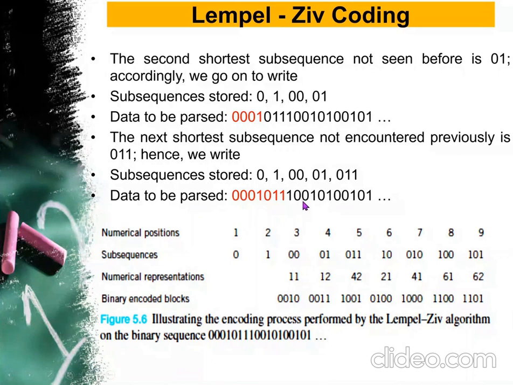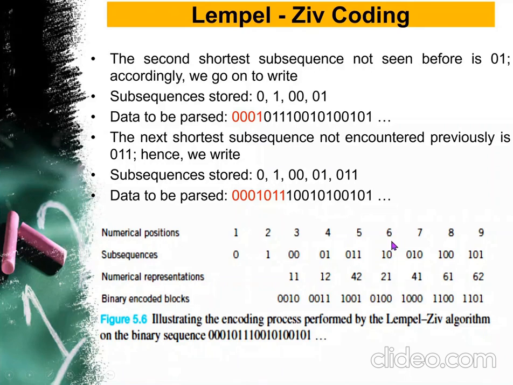After this 1, 0, we go for the next one, that is 0, 1. But 0, 1 is already present, so we need to combine 3 bits: 0, 1, 0. The group becomes 0, 1, 0 and it is not already present, so our seventh subsequence will be 0, 1, 0. Then we move ahead: the bit 1 combined with the next bit 0 becomes 1, 0.